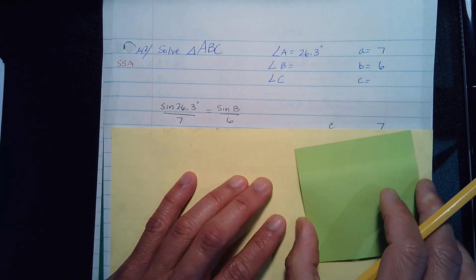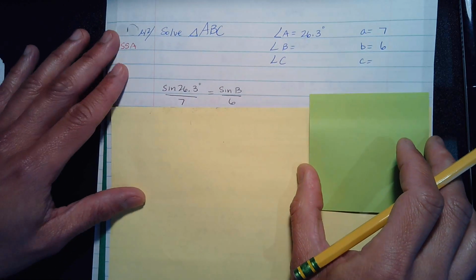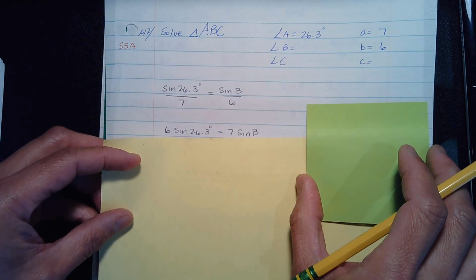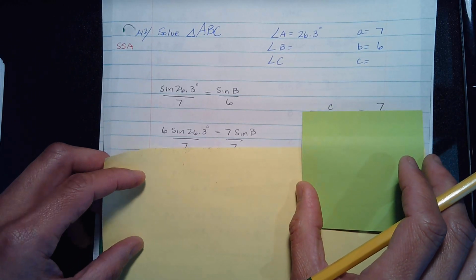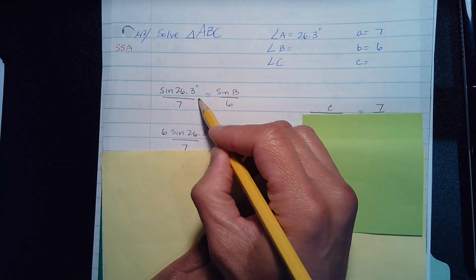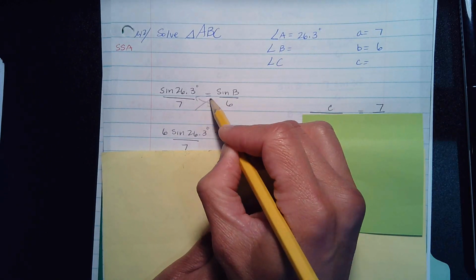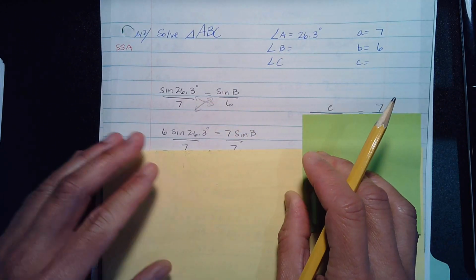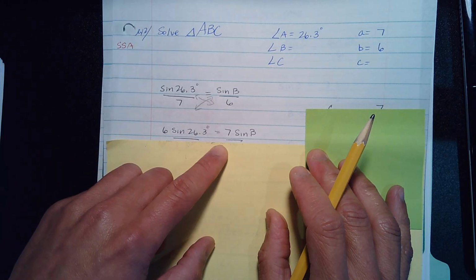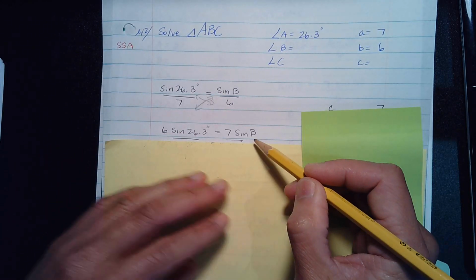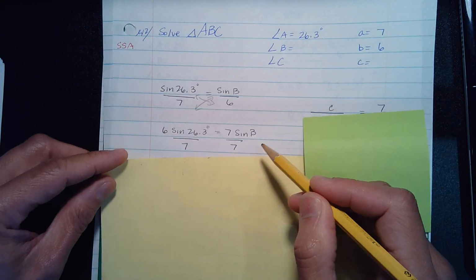And again, this is just the law of sines that we went over at the beginning of the lesson. Again, use the cross product property. And now we have 6 sine 26.3 equals 7 sine B. Divide by 7 on both sides.